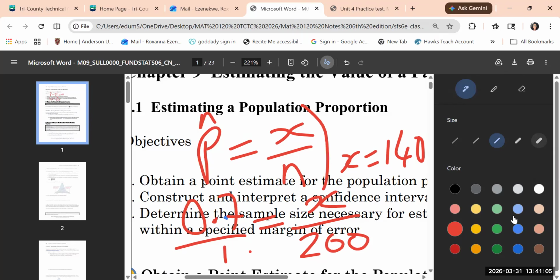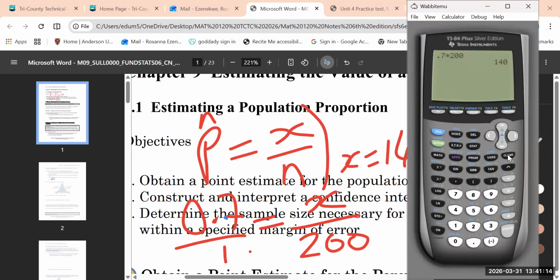Then I'll go back and feed that into my calculator. So I'm going back now to answer that question because I needed to feed it to my calculator. So now I will go back to start, arrow to test, 1 prop Z interval, which is A. I found A there.